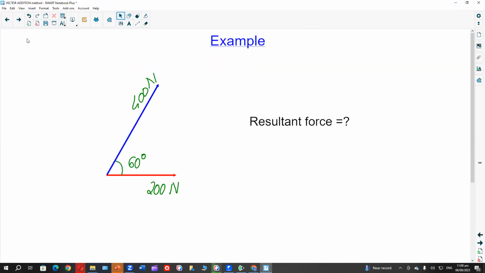So now we have an example to explain this method. We have a vector 200 Newton and we have a vector 400 Newton, and they are at an angle of 60 degree. We are there to find the resultant vector. So now you have to copy this screen, this example. Okay. Sir, shouldn't there be like a scale?